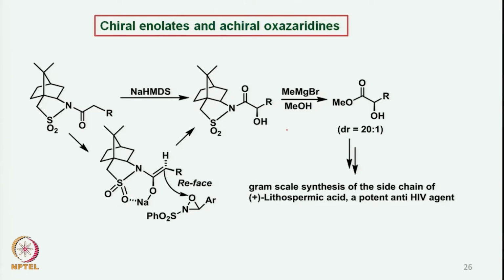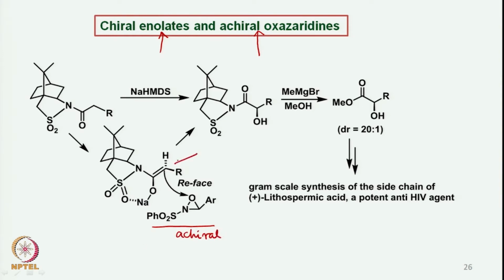Now one can prepare chiral enolates, that means enolates from chiral substrates, and you can use achiral oxaziridines. I mentioned to you that an oxaziridine of this type, which is achiral, can be utilized for transferring oxygen to a chiral enolate.